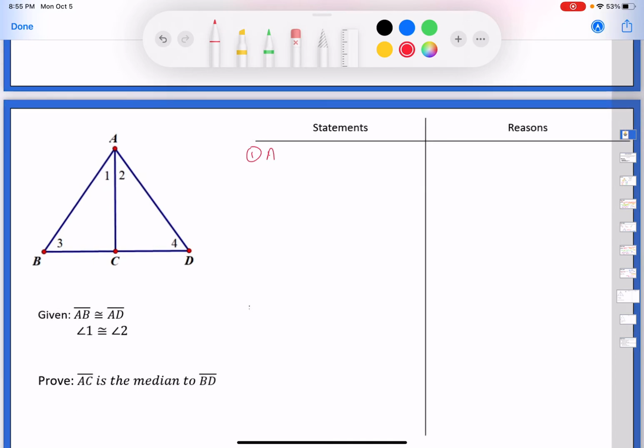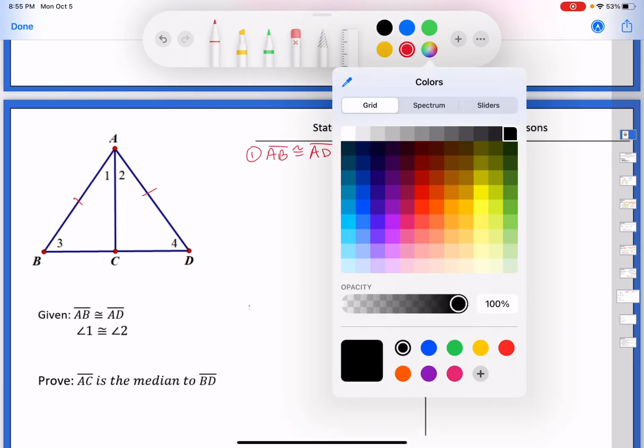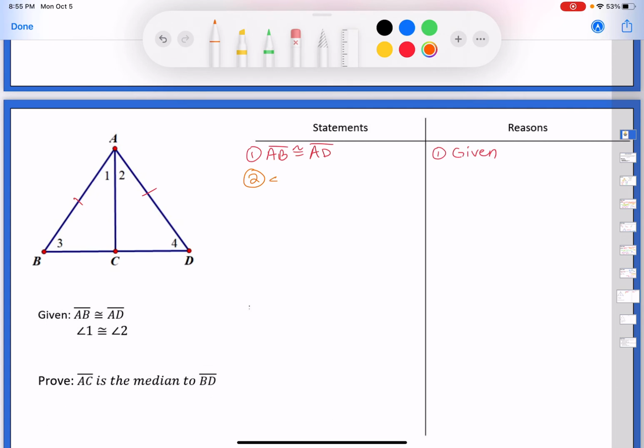All right, so first step is to get our givens written down and marked in our picture. AB congruent to AD. And step 2, angle 1 is congruent to angle 2. And that's up here.